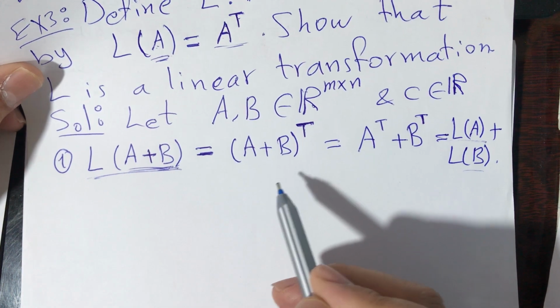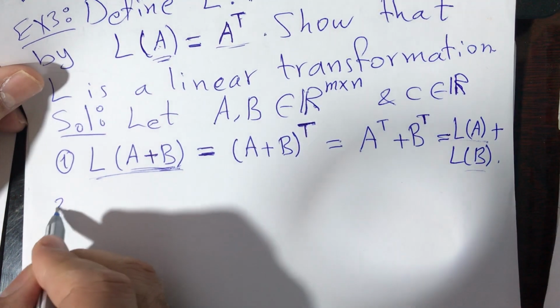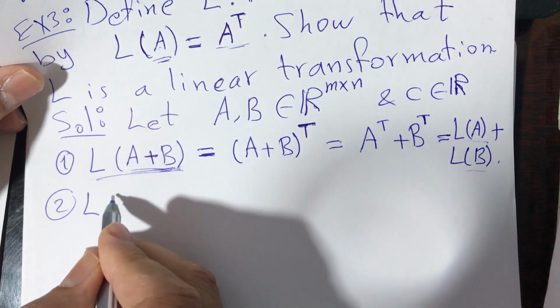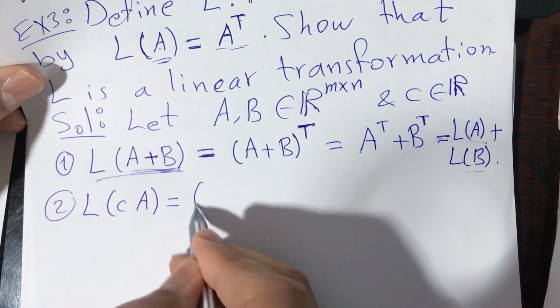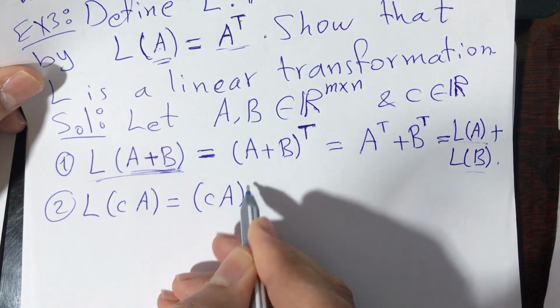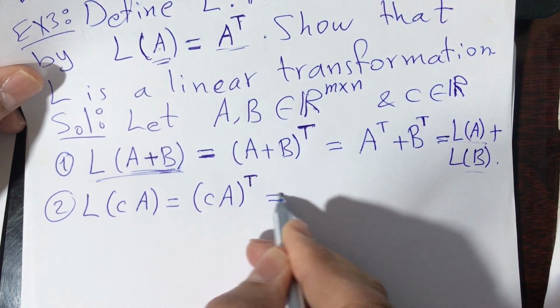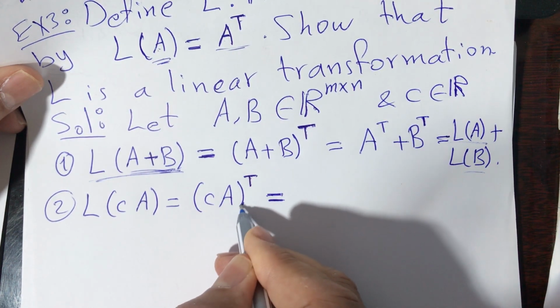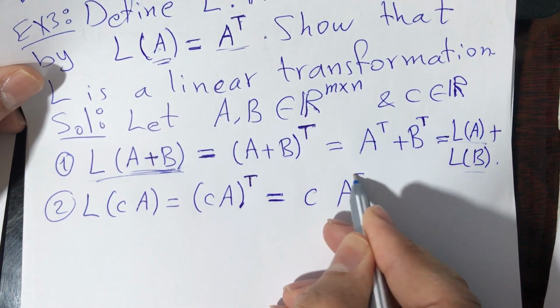Now the second condition: L of cA is equal to (cA) transpose, and from the definition of transpose of a matrix, this will be equal to c times A transpose.